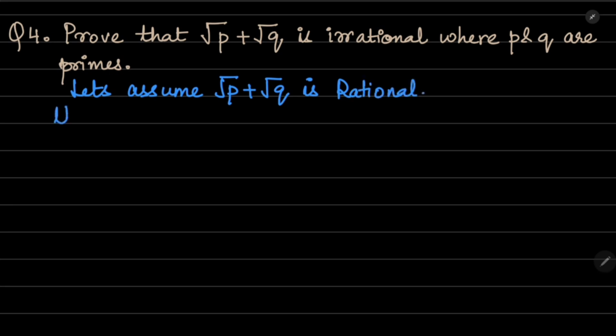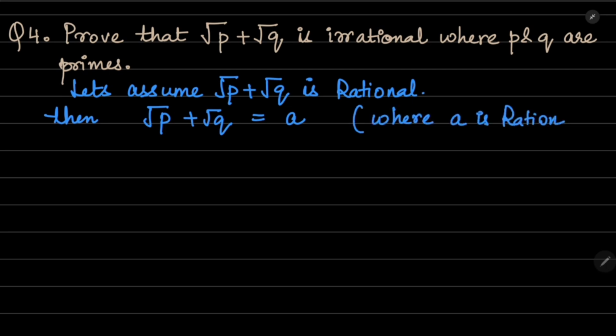Then let root P plus root Q be some variable A, where A is rational, and rational means it can be written in the form of p by q. Let us keep root P on one side and take root Q to the other side. So root P equals A minus root Q.